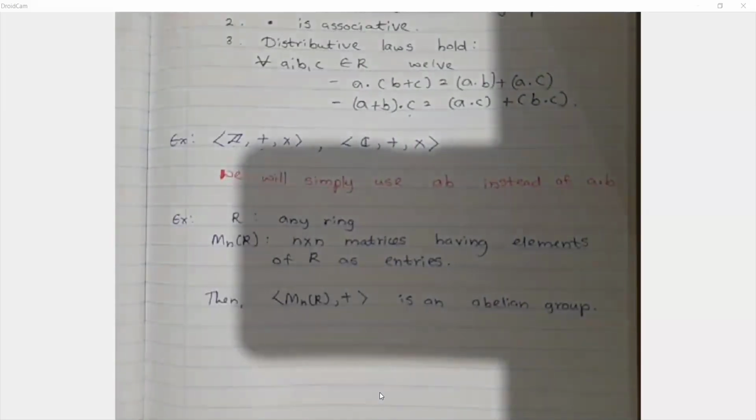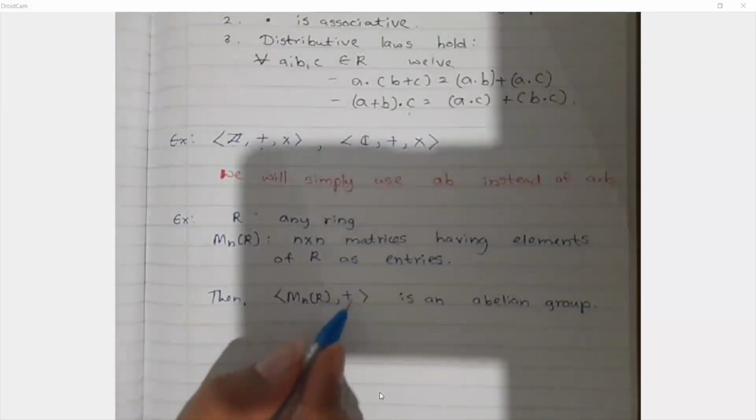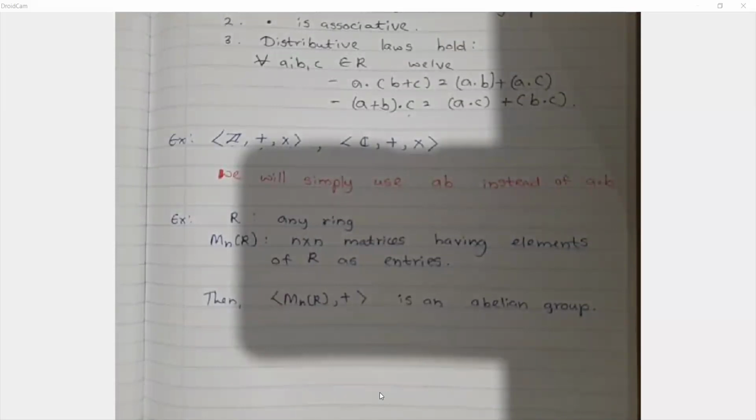You take any two matrices of the same order n, all those entries are coming from R. Over here, addition refers to the usual matrix addition. You take the two matrices, you add the two matrices. Because they are of the same order, addition is defined. So this is usual matrix addition, when you add corresponding elements. So the element at the first row, first column will be added to the element at the first row, first column in the other matrix.